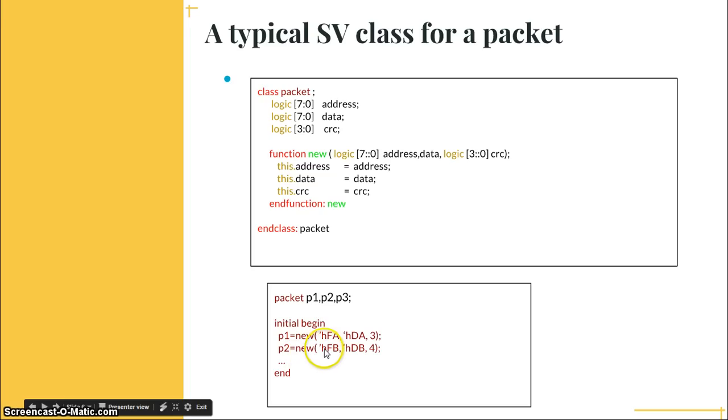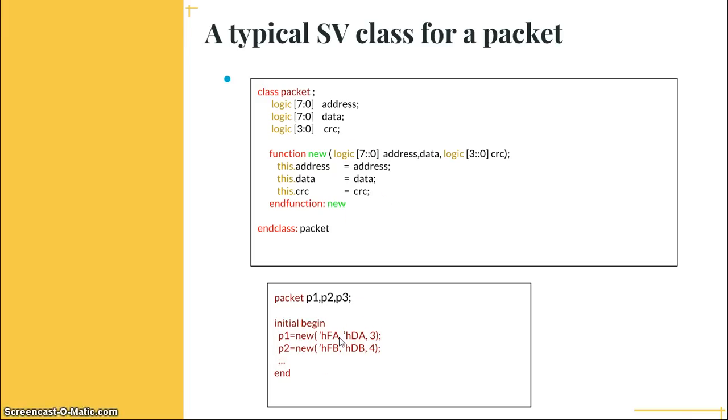While creating them, the values of address, data, and CRC are passed to this new function. Or you can even directly assign the values like P1.address is equal to 'hA, P1.data is equal to 'hDA, and so on.